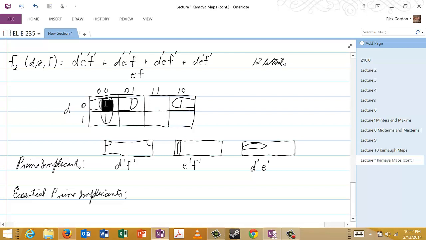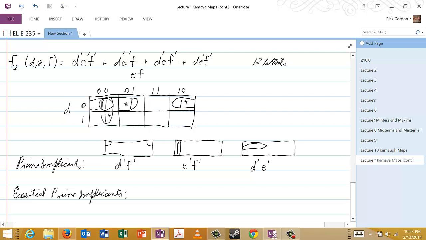So this 1 cell is not essential. However, this one is, so we'll put an asterisk here. And this one is essential, so we put an asterisk here. And finally, this one is also essential, so we put an asterisk there.